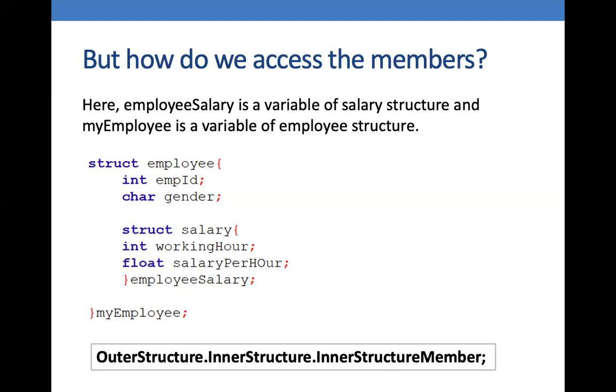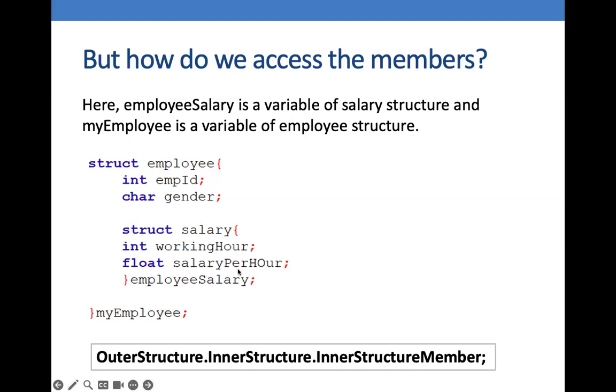Initially, we have discussed that we use the dot operator. Suppose we declared a variable of the employee structure, my employee. How do we access the gender or the employee ID? We use the dot operator. That would be my employee dot employee ID or my employee dot gender.